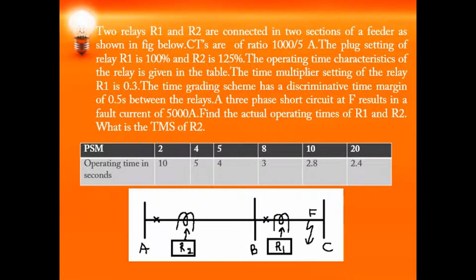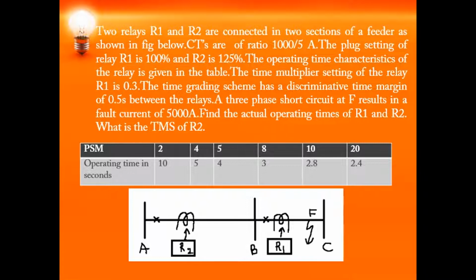The question says that the fault current is 5000 amperes, plug setting of R1 is 100% of the rated current, plug setting of R2 is 125% of the rated current, and the CTs have a ratio 1000 by 5. And TMS of relay 1 is given, that is 0.3. We are supposed to find the actual operating time of both R1 and R2.